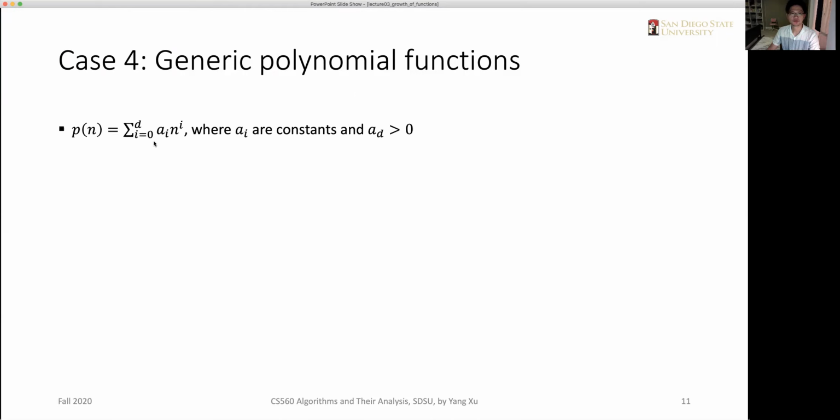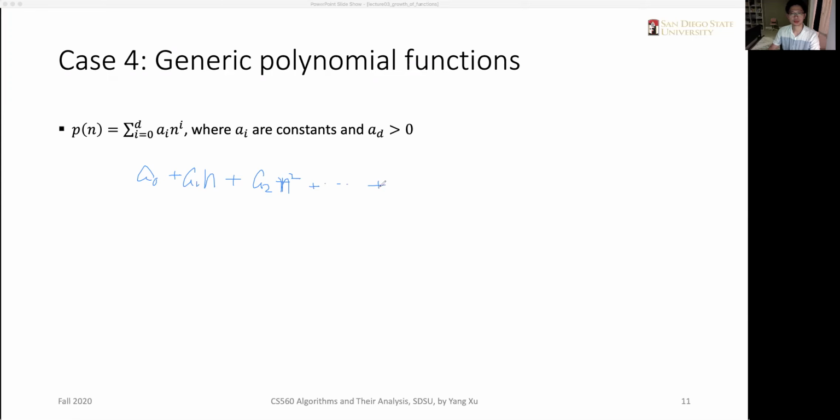For example, the function can be written like a0 plus a1 times n plus a2 times n squared, right?